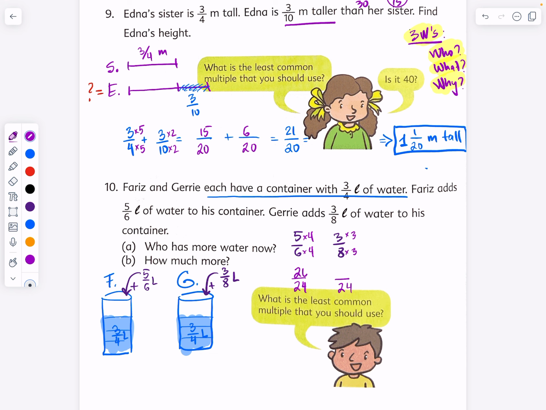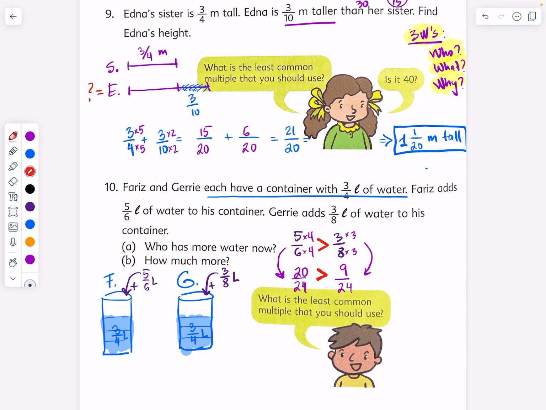Therefore, this 20 out of 24 is the equivalent, or 9 out of 24. Now we can clearly see that Fariz added more water, right? 5/6 is greater than 3/8.